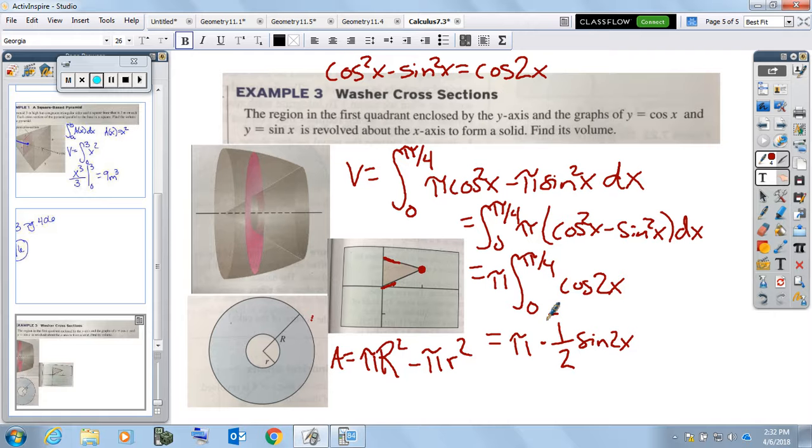So pi multiplied by the evaluation from 0 to pi over 4. And just to make our lives a little bit easier and simpler, we can see that this comes out to be pi over 2 units cubed.